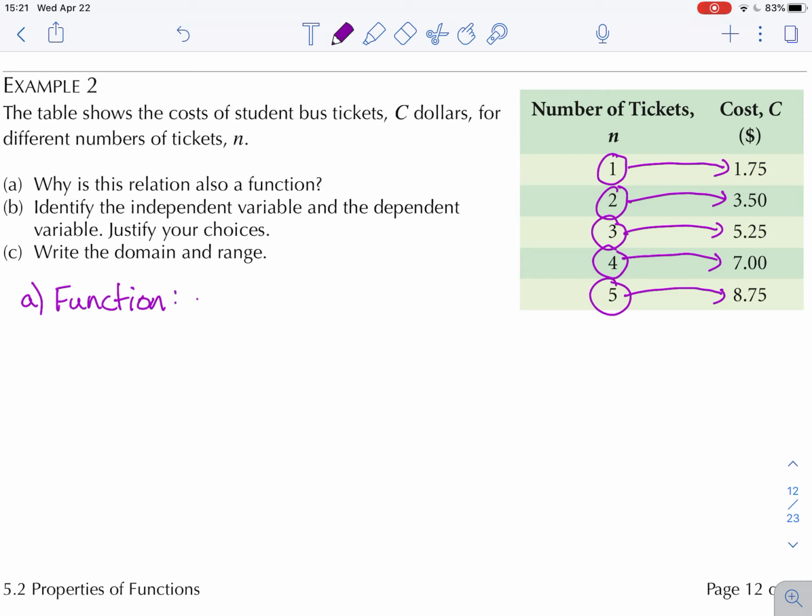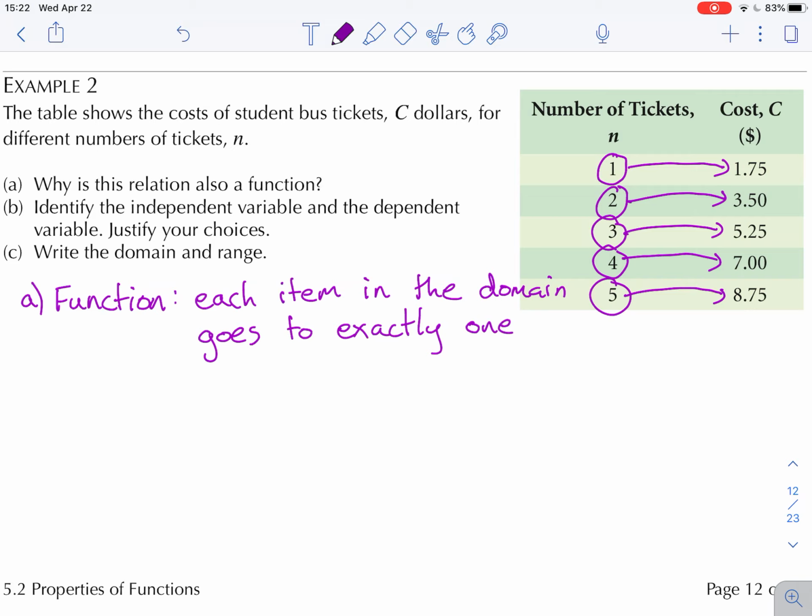So yes, A, it is a function. Each item in the domain goes to exactly one item in the range.